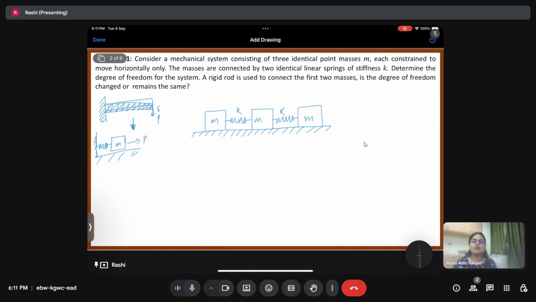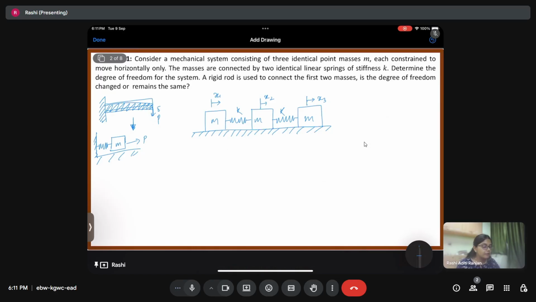Over here, we have 3 masses and two springs. Each mass is going to have a deformation x1, x2, and x3, and these deformations are not the same; these are three different deformations.